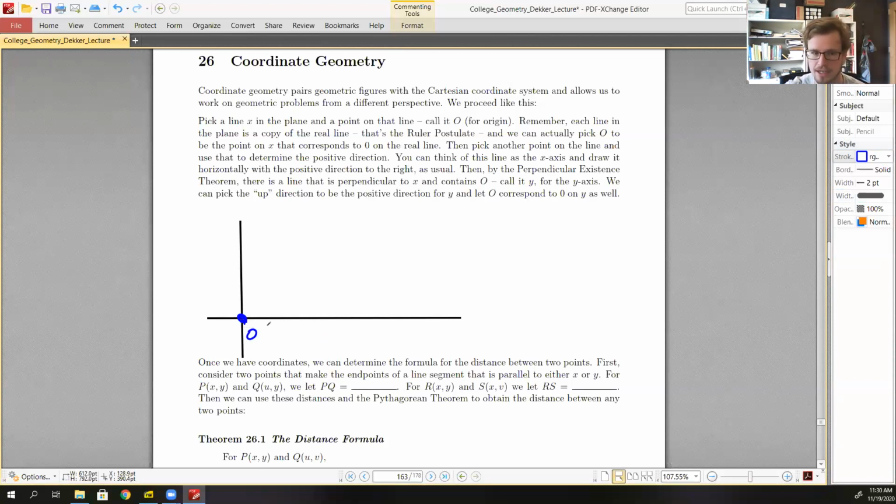The horizontal line has a one-to-one correspondence with the real numbers. So identify O as where 0 is, and then do the same thing for the vertical line, the perpendicular line. So now we have numbers along each line corresponding to the real numbers, and we can identify points along the line and out in space.